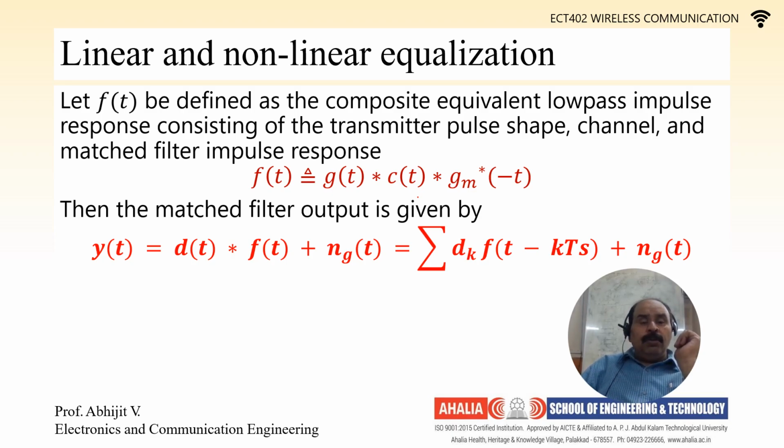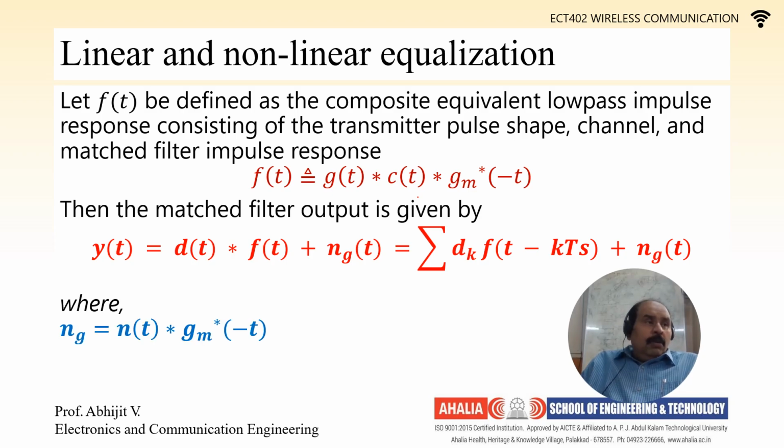So the matched filter output will be given as y(t) equal to d(t), the input, convolved with f(t), plus the noise n_g(t). I'll tell you why I've used a different notation, n_g(t), for noise. This will be equal to the sum of all the symbols d_k f(t minus k T_s), taking the kth symbol, plus n_g(t).